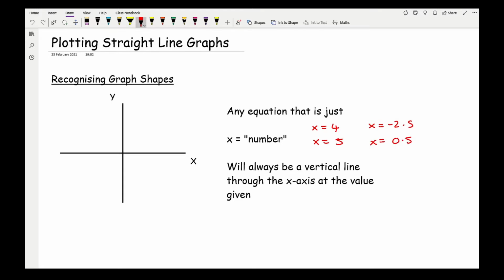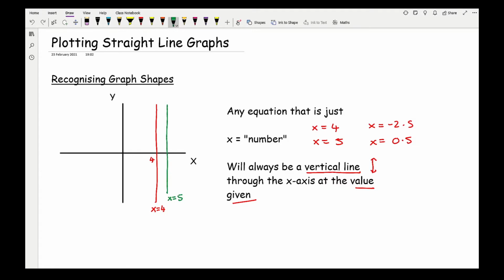Now when you have got this particular type of question, then your line will always be a vertical line, so it'll always be going up and down, and it will actually go through the value which is given. So for example, if I was to draw x equals 4, then that's just going to be a vertical line, and that is going to go through x equals 4. If I had to draw x equals 5, then that again is going to be a straight vertical line, obviously being drawn with a ruler.